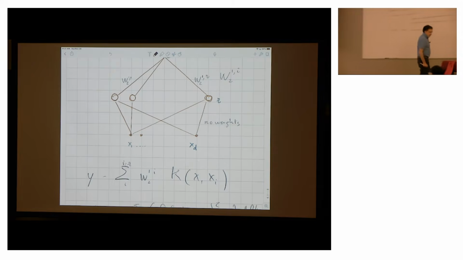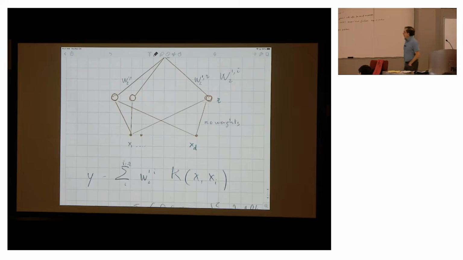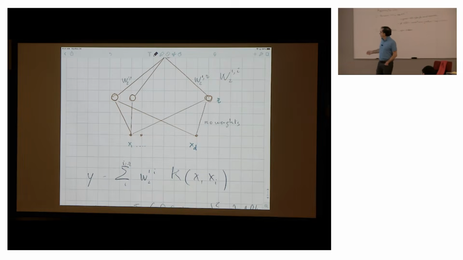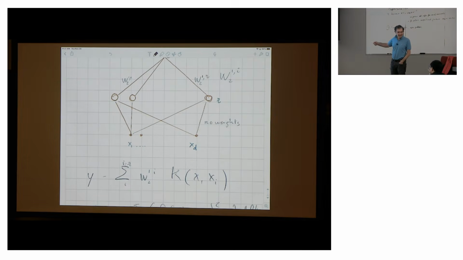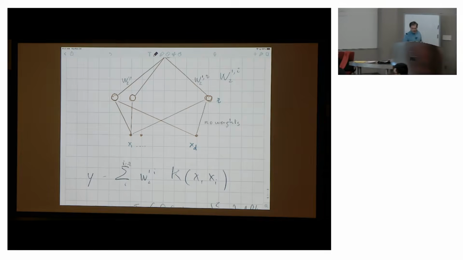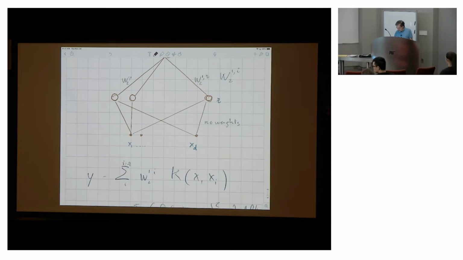Each one of the units is, so to speak, storing one of the examples. If you have a Gaussian kernel, each unit there is computing the distance between x and xi, and then applies a Gaussian function to it. And then those activities, the output of the units, are combined by weights and added up. Okay? So that's a kernel machine. As you say, one layer of weights and one layer of units.